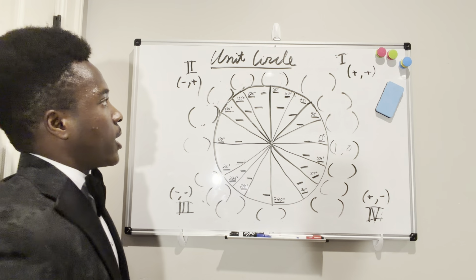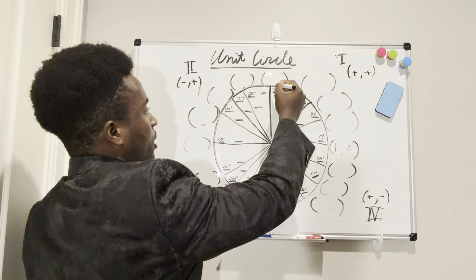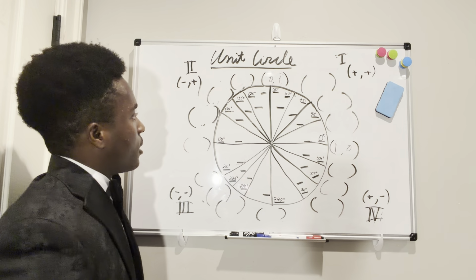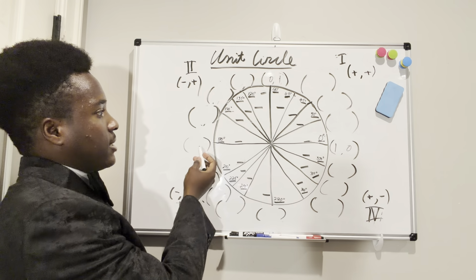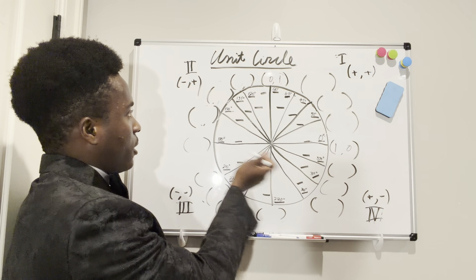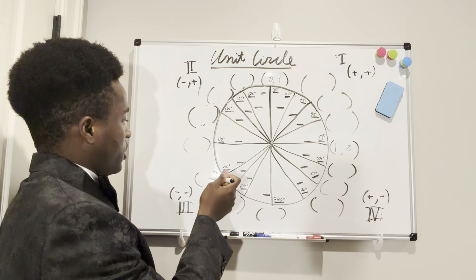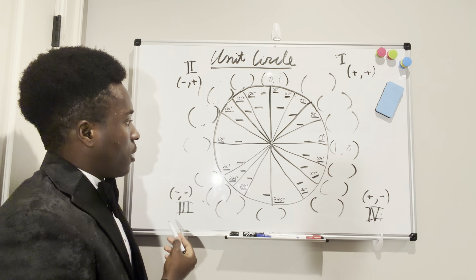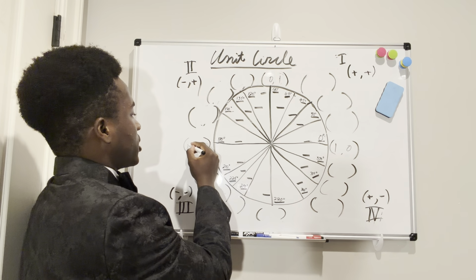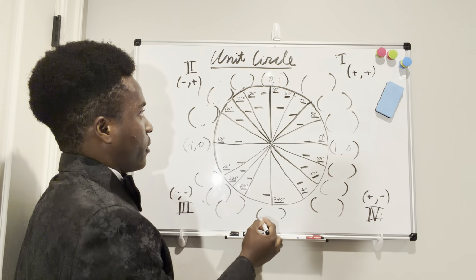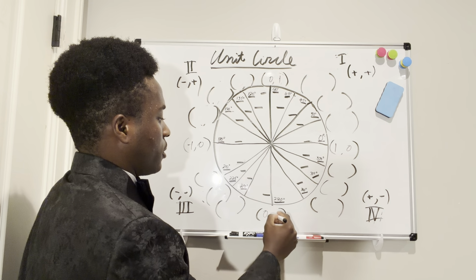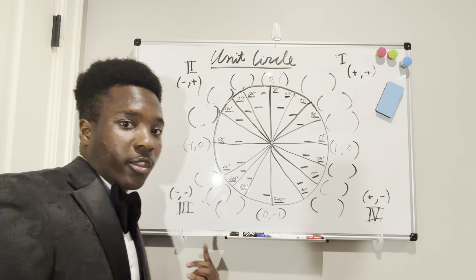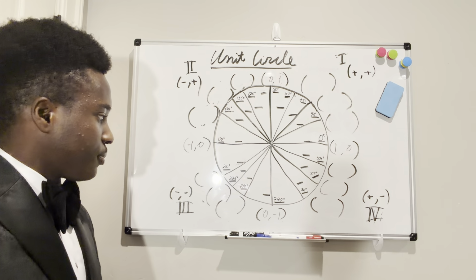And then right here, it's going to be 0, 1. Down here, because we're in the second and third quadrants, our x coordinates are both negative, so it'd be -1, 0, and then right here it's just opposite, 0, -1, as the y is negative in the third and fourth quadrants.